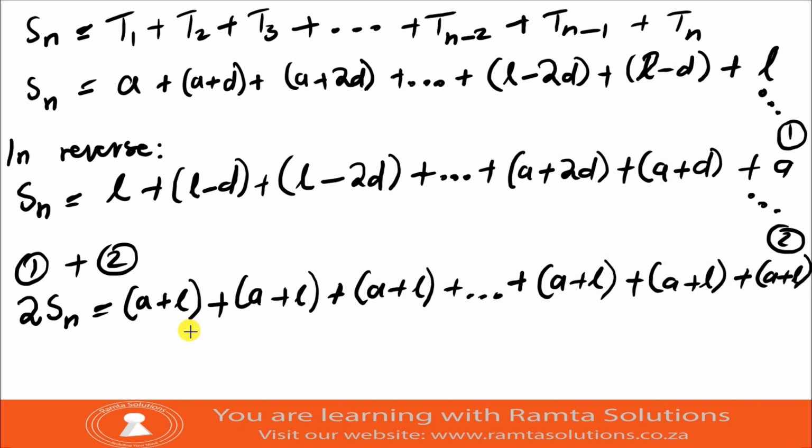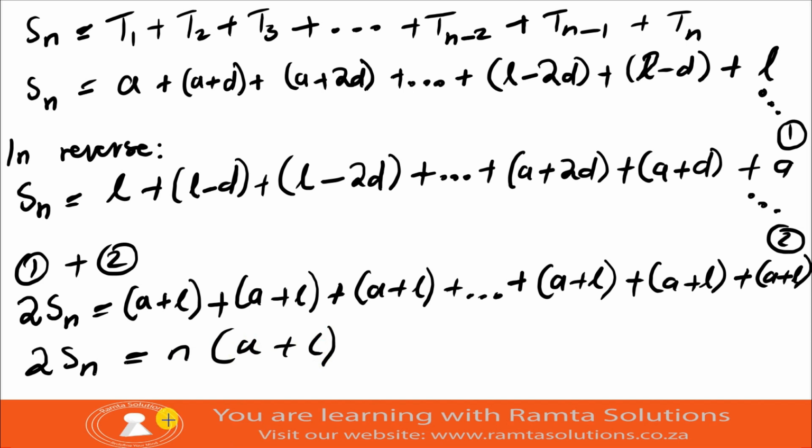As you can see, if I were to add two terms, there would be 2 times a plus L. If it is 3, it will be 3 times a plus L. So there are n terms, and I can say 2Sn equals n times (a plus L).